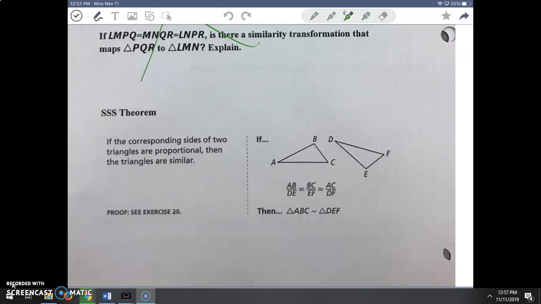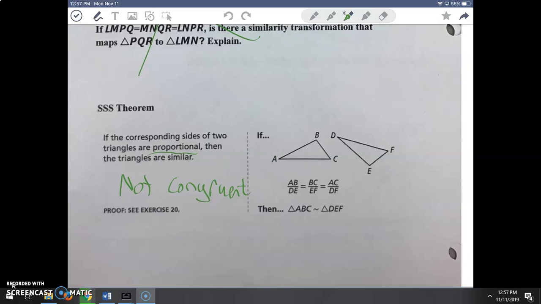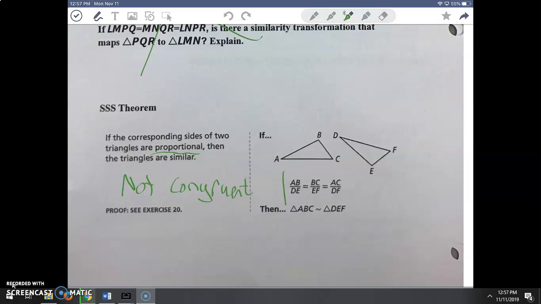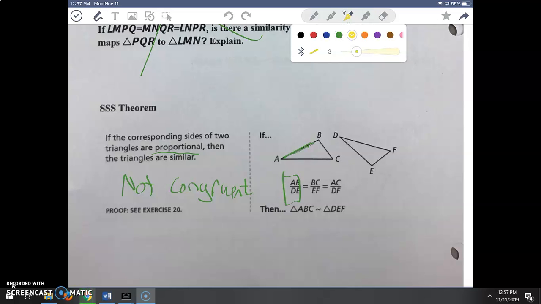The side-side-side theorem is basically saying if the corresponding sides of two triangles are proportional, now notice they're not congruent, but they are proportional, then they are similar. Proportional means, and notice how they have things set up, as long as you put this side that I have in green over this side that I have in orange, you're going to get some number.